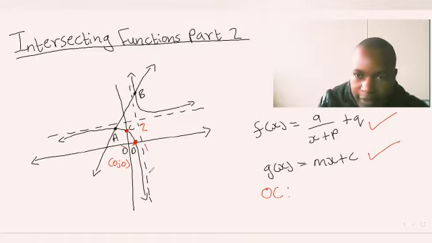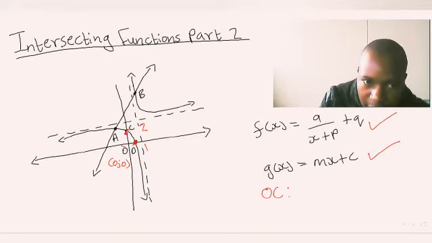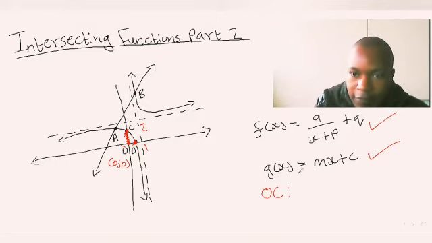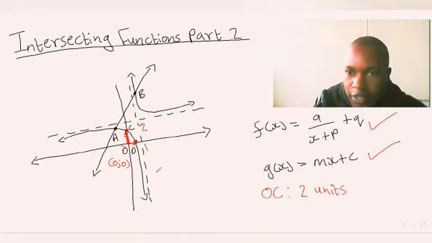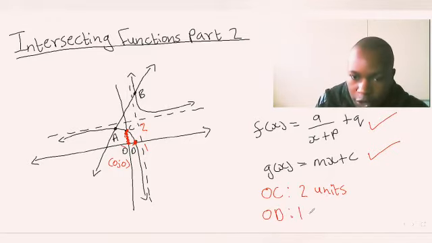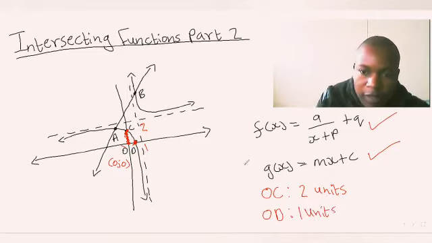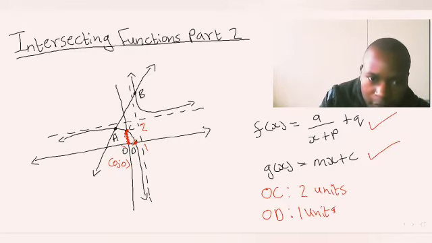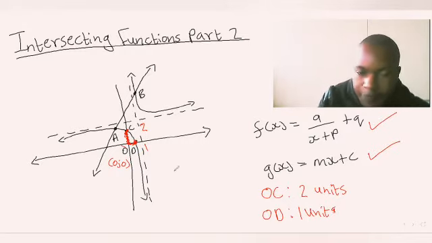If we had done that, then to find OC, which would be this distance here from the origin, which is 0, all the way up to C, that would just be 2 units, since you would be subtracting from 0. You can also do the same thing for the distance OD, which would also just be 1 unit. That's that distance over there.